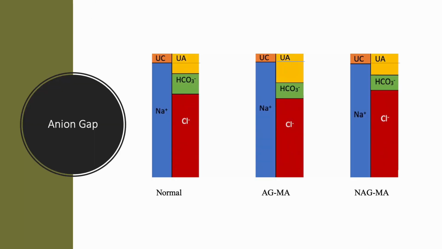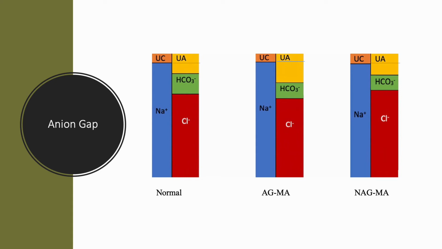Let's look at these diagrams to emphasize the point further. On the far left, you have the normal situation. The anion gap is sodium minus chloride plus bicarbonate, and I marked that in the rectangle within the yellow, within the unmeasured anion. Now look at the middle diagram, anion gap metabolic acidosis.